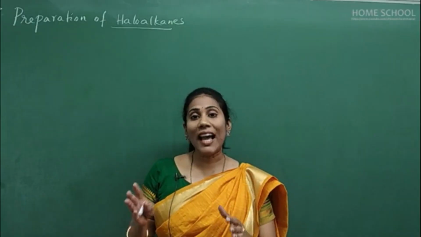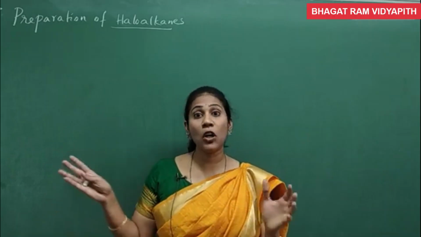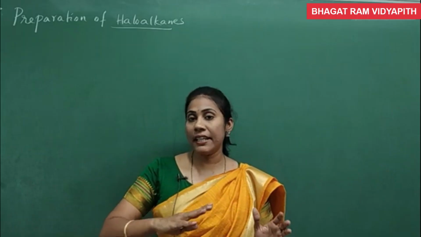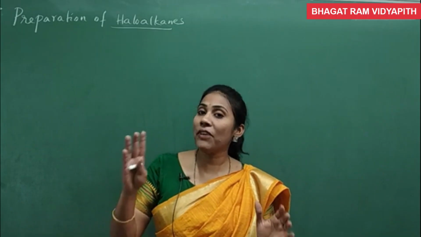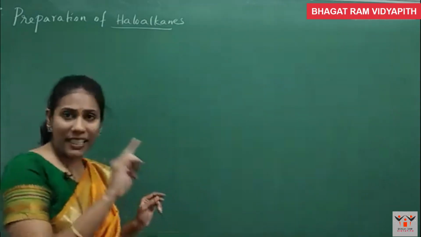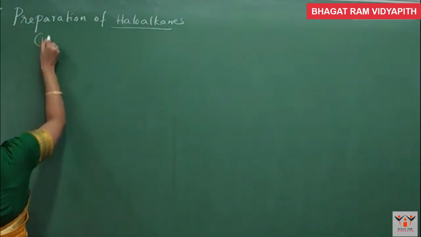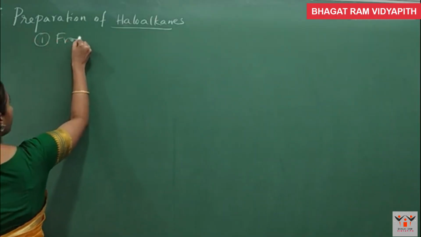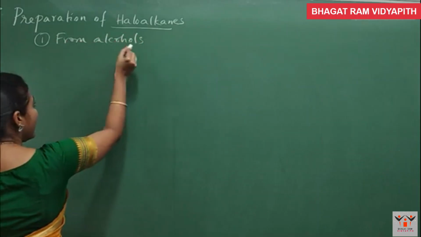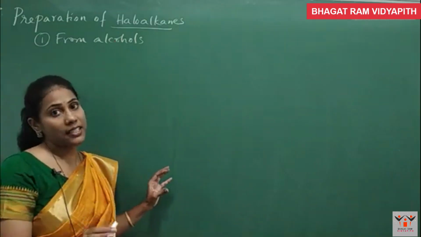I cover haloalkanes separately and haloarenes separately. I am not going to combine both of them. So first let us understand every preparation method of haloalkanes. Clear? See, haloalkanes can be prepared by 4 methods. One is from alcohols. You can prepare from alcohols, very common method and very important reactions you are going to study under this heading.